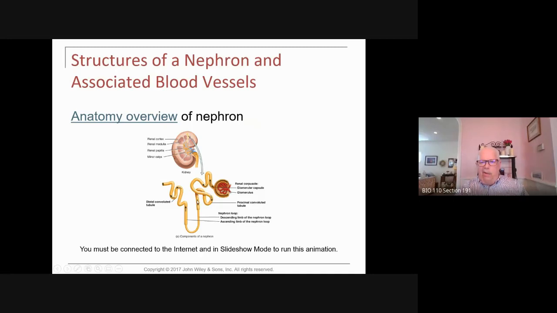Then it goes down into the nephron loop, which has a descending limb and an ascending limb. Then it goes into the distal convoluted tubule, and then eventually into the renal pelvis and into the ureter. That is basically an overview of what happens to urine.